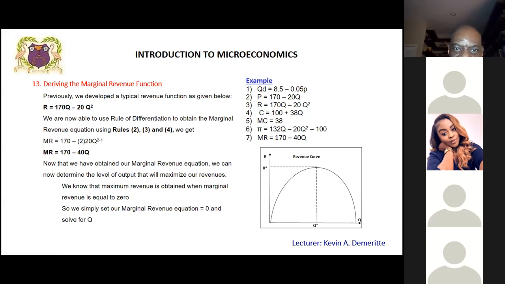Previously, we've developed a typical revenue function. And okay, so this is how we got our marginal revenue. Now that we have obtained our marginal revenue equation, we can now determine the level of output that will maximize our revenues. Is that what we're being asked for?